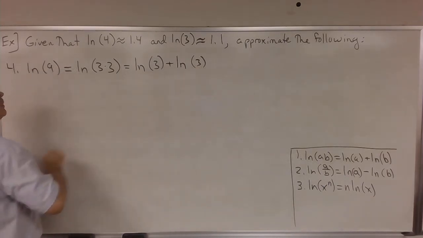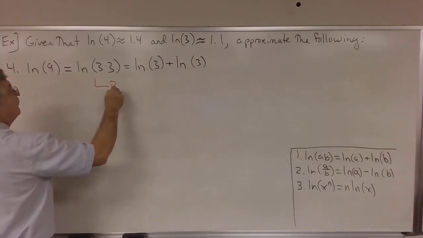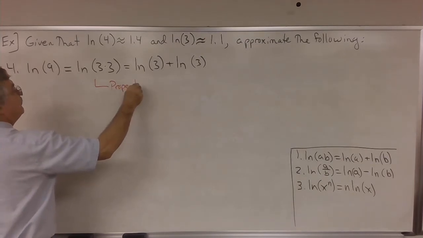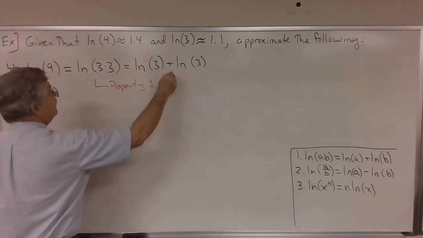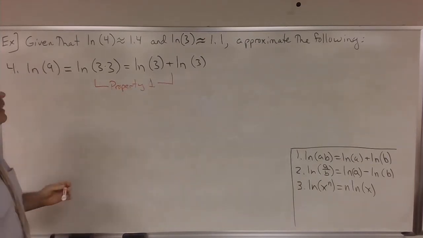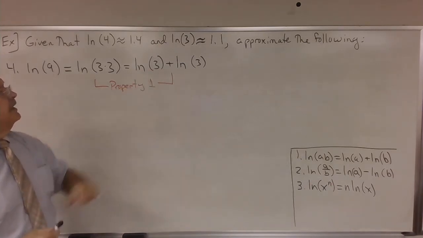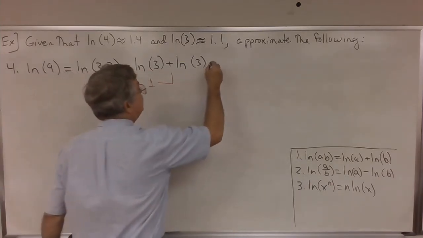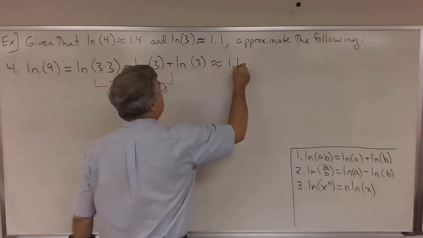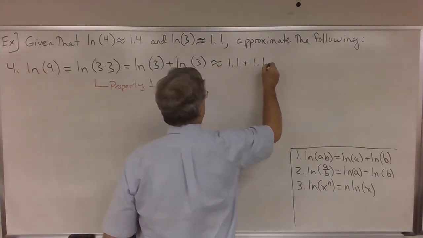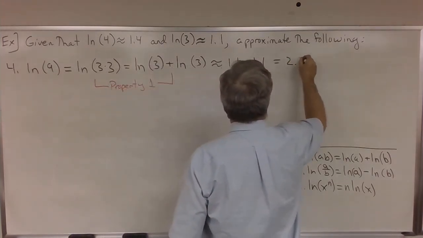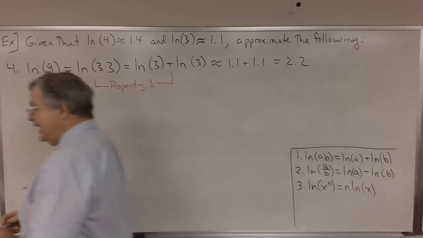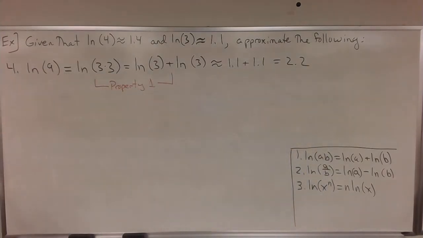So that's property 1. And we know what the logarithm of 3 is. It's 1.1. So this is approximately 1.1 plus 1.1, which is 2.2. So the natural logarithm of 9 is approximately 2.2.